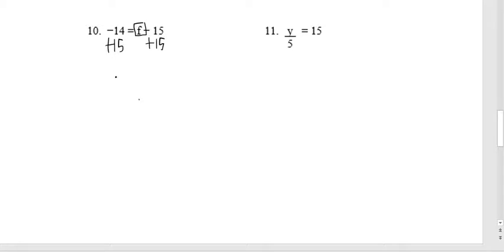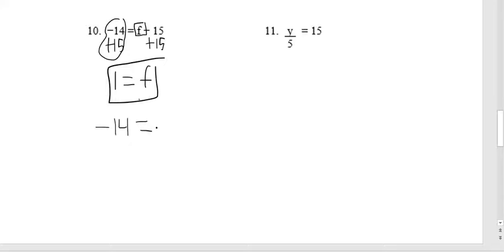And whatever we do on one side, we've got to do the exact same thing on the other side. When you combine a negative 14 and a positive 15, you get 1. So f equals 1. That is our solution. And if we take negative 14, we plug 1 back in for the f, we can see that 1 is the value of the variable that makes the equation true.